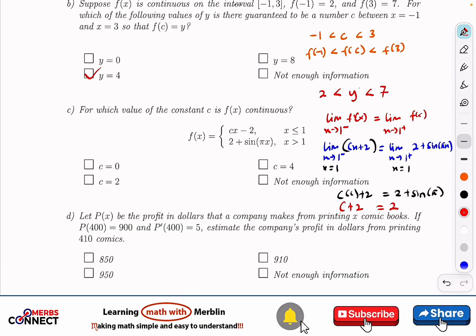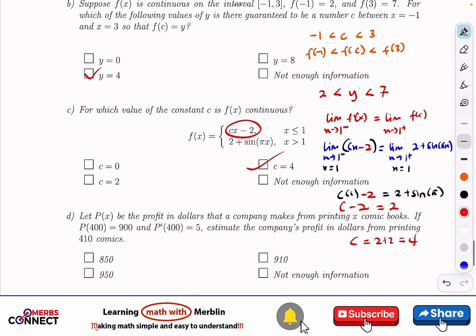Oh, okay, this is minus. So this should be minus 2 from here, and this is also minus 2. So when I move this one, I'm going to have 2 plus 2, and this is 4. So c should be 4, so that the function will be continuous.